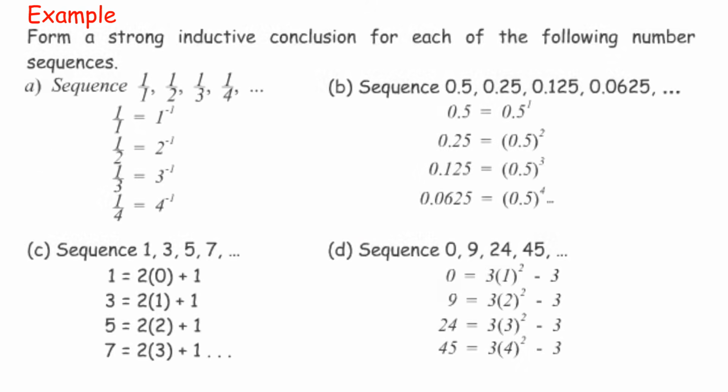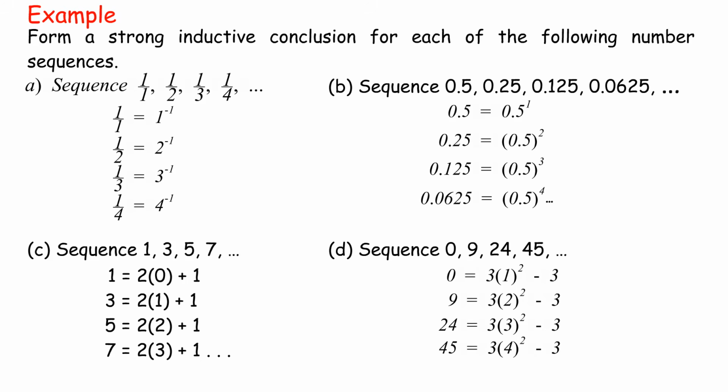Example: form a strong inductive conclusion for each of the following number sequences. Solution: a. n to the power of -1, where n equals 1, 2, 3, 4, and so on.